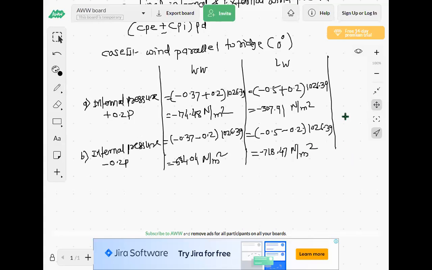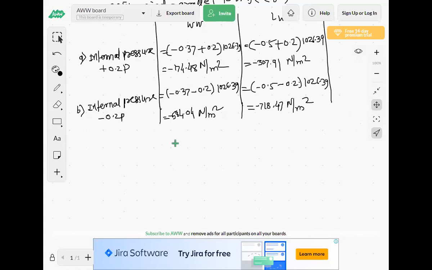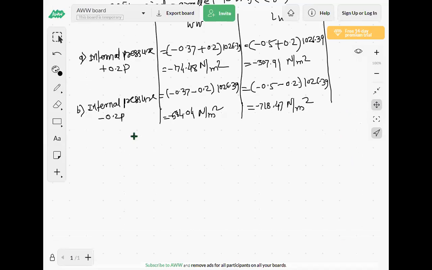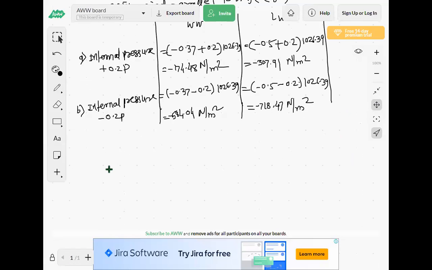Now what is next? So our next step is we have to take maximum wind pressure for the design. Are you getting?